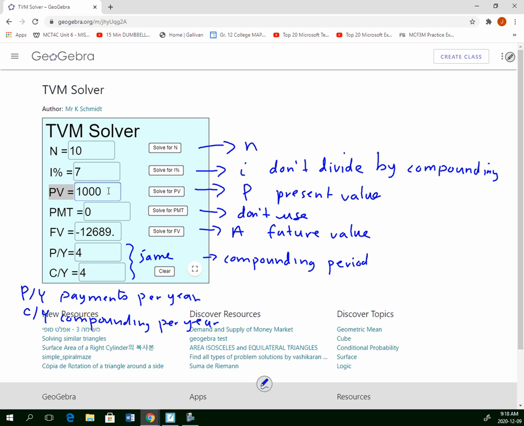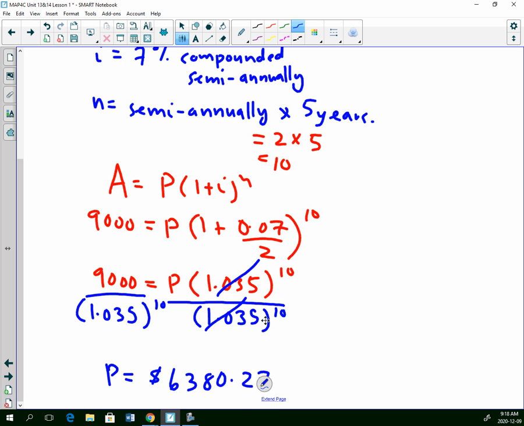Present value is what we wanted to determine, right? So we put 0 in there. Future value, I had $9,000 at the end, and it was semi-annually, so these are 2. And then I wanted to calculate present value, so I solve for present value, and I get my $6,380, which was what we got here. Okay?